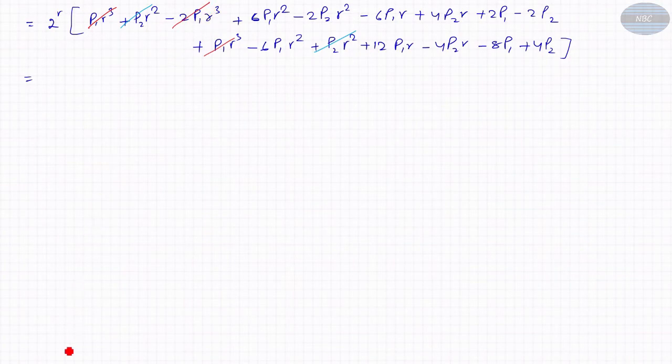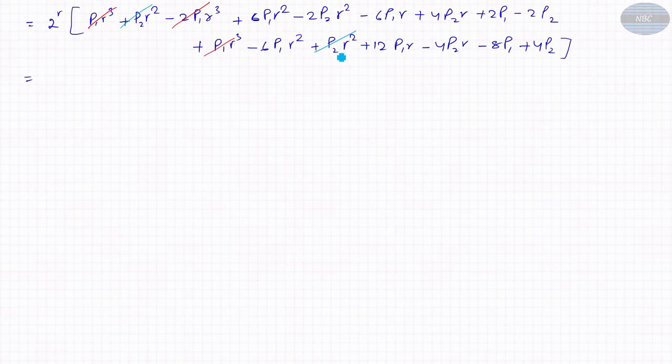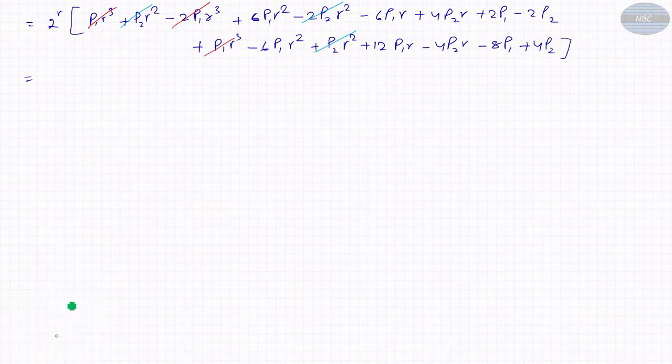So now this is plus p2 r square, that will be cancelled out with minus 2 p2 r square. Now next we have plus 6 p1 r square. This is minus 6 p1 r square, so this is cancelled out.